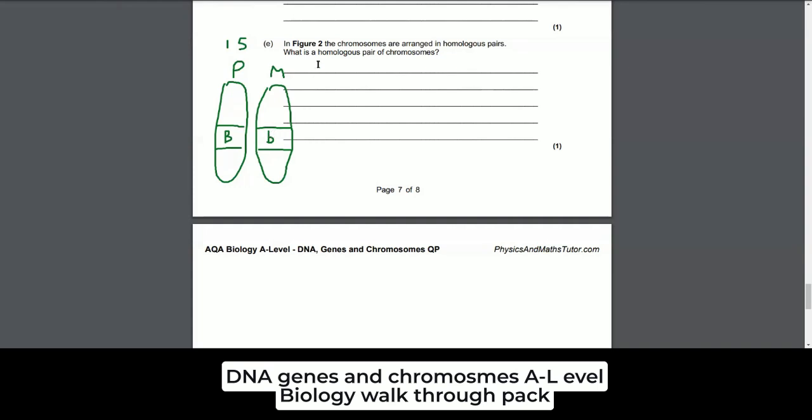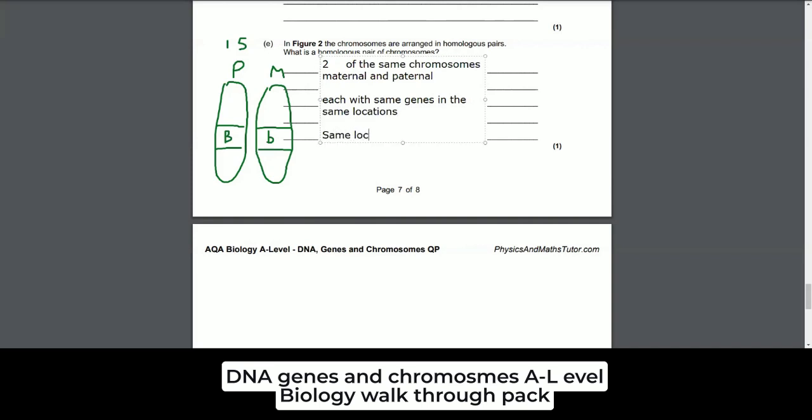So, anyhow, let's explain this. What is a homologous pair of chromosomes? Two of the same chromosomes, maternal and paternal, each with the same genes in the same locations, same loci, may have different alleles in the loci.